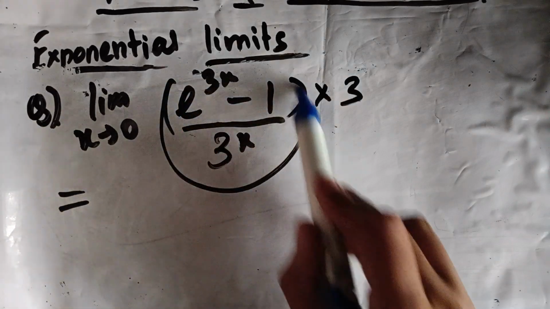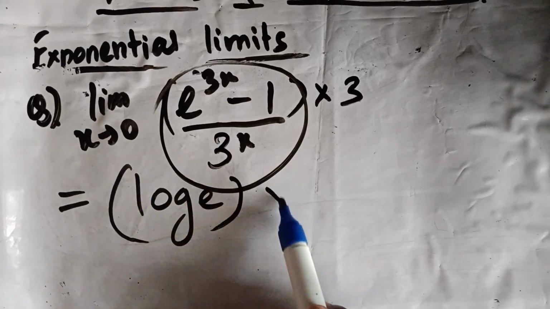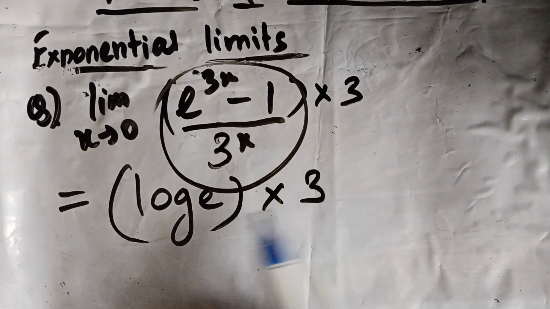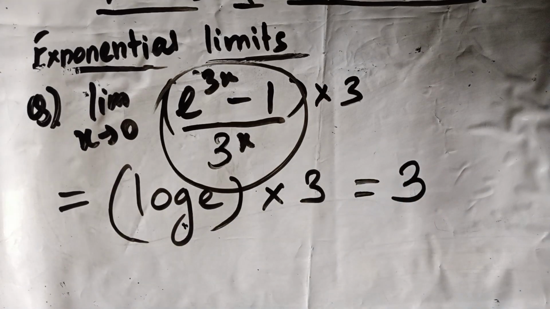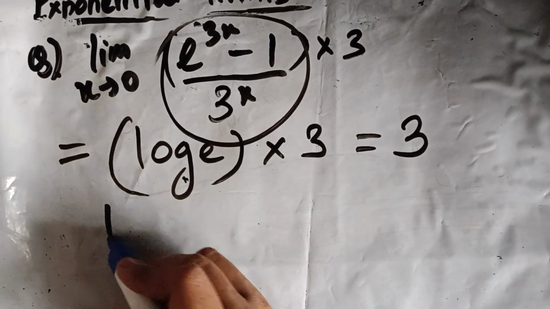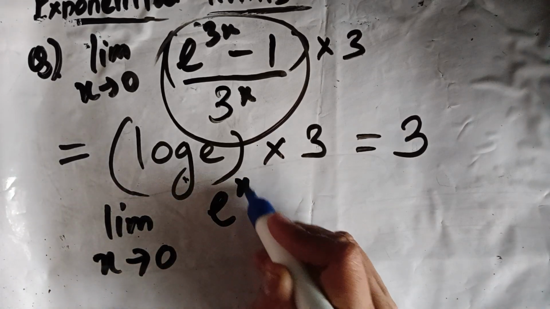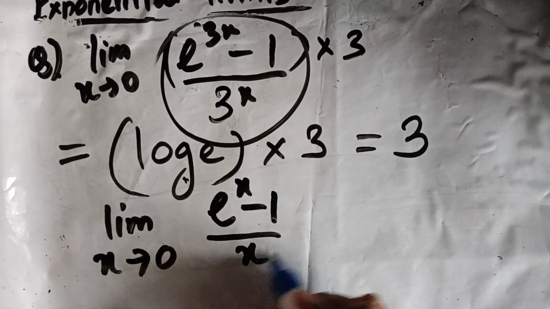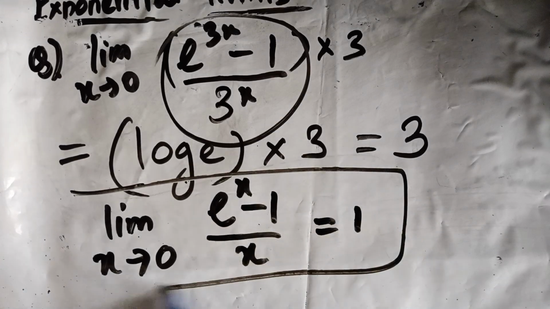So this is going to become log e into 3, and log e is 1. So you can write this as 3. Whenever you have limit as x tends to 0, (e raised to x minus 1) upon x, the answer is 1. This is also a standard result.